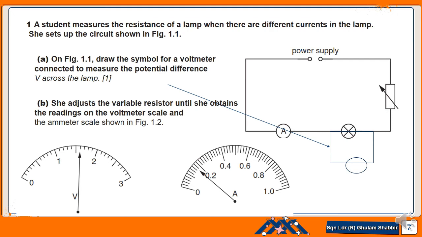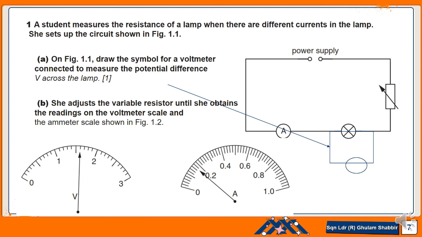Okay, so now we go to another question. A student measures the resistance of a lamp at different currents in the lamp, and she sets up the circuit as shown in the figure. There is a simple lamp and a variable resistor, so the resistance can be varied. Now she adjusts the variable resistor until she obtains the readings on the voltmeter scale and ammeter scale as given.